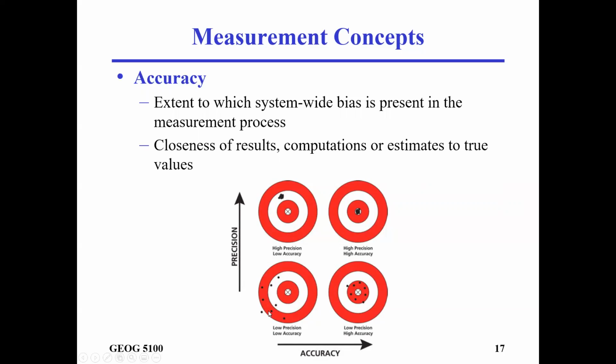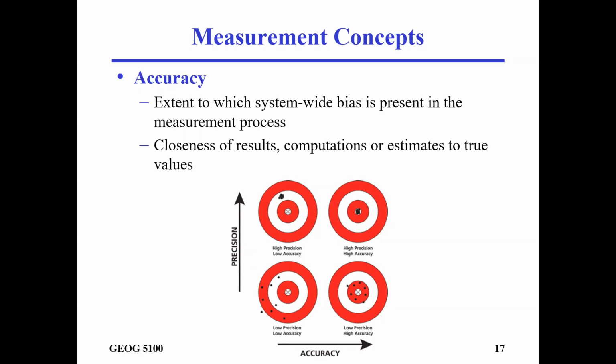So if a shooter has very low precision and accuracy, the bottom left target is the result. So 1, 2, 3, 4, 5, 6, 7, 8 shots. None of them is close to the center of the target, which means that the accuracy is pretty low. And all these shots are far away from each other, which means the precision of the shooter is bad.